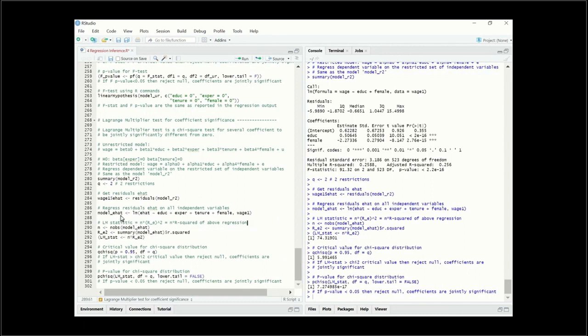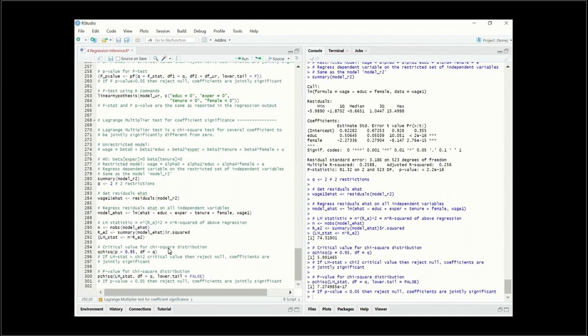So basically we're going back into the restricted model and picking up the R squared. And here we're calculating N times R squared. This will be the LM statistic. This is the Lagrange multiplier statistic that is distributed as chi-square.